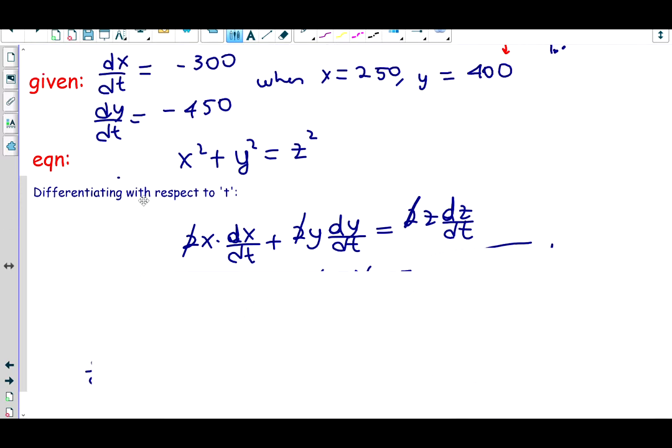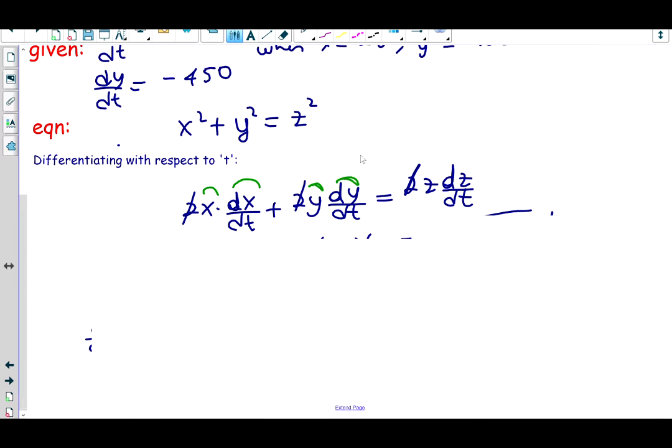Just up here we know x was 250, and dx/dt was negative 300. So go ahead and start plugging them in. And y was 400, and dy/dt was negative 450. So you can go ahead and put those numbers in.